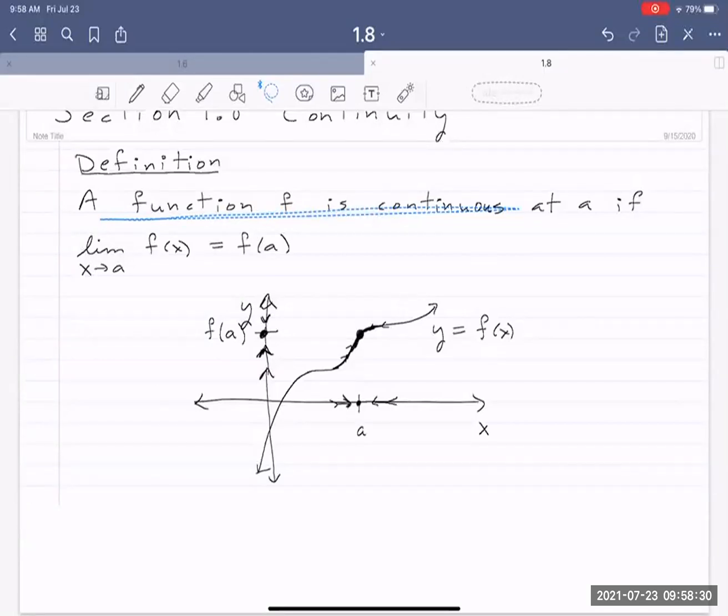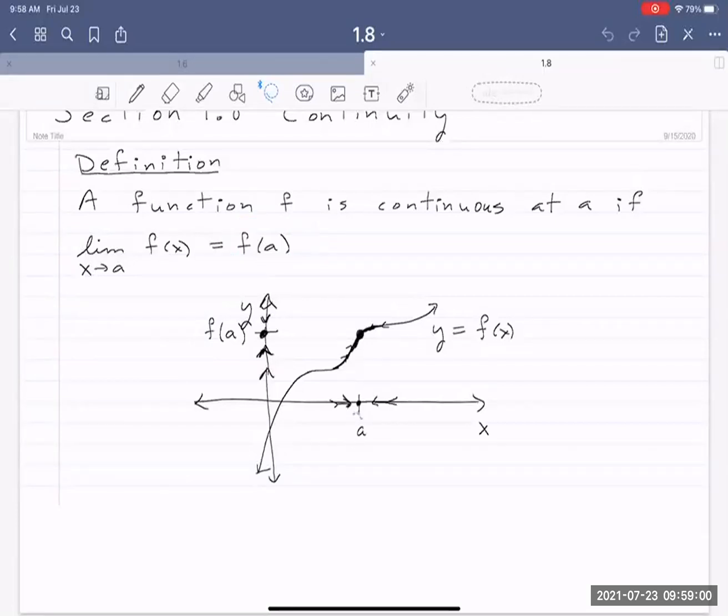So a function f is continuous at a if the limit as x approaches a of f of x is f of a, meaning as you keep getting closer and closer to a, your y values keep getting closer and closer to what you think they should be, f at a.